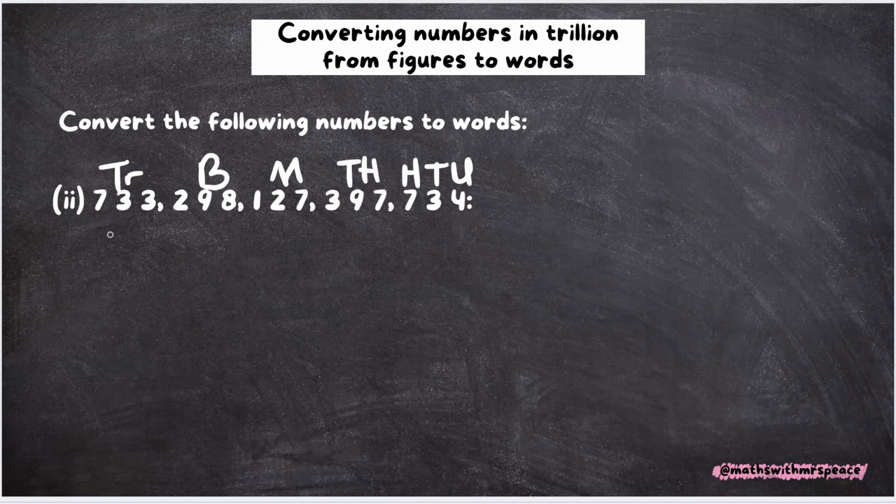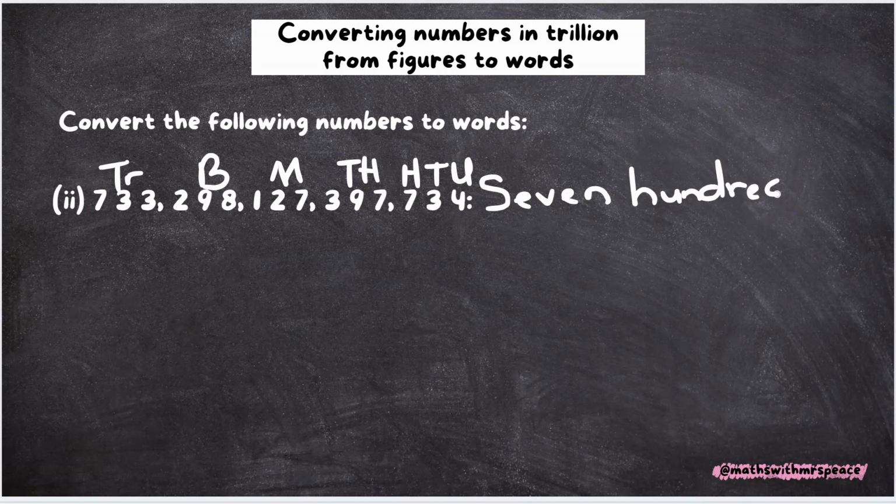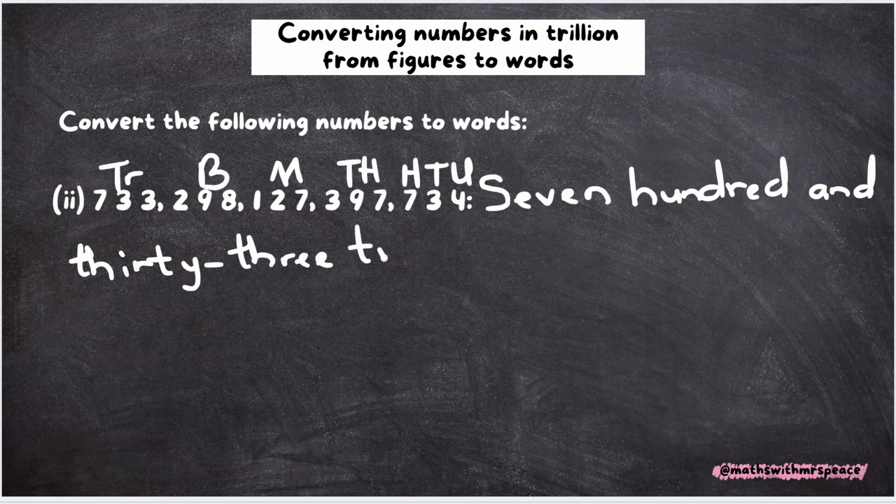So the first three numbers there, 733. We're going to write that as 700 and 33 trillion.